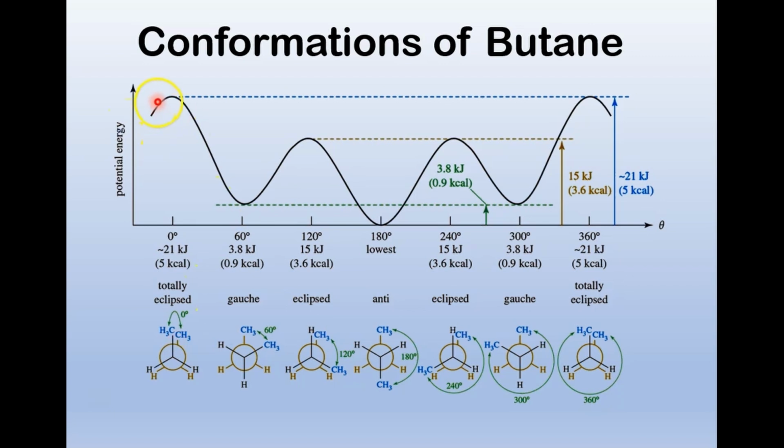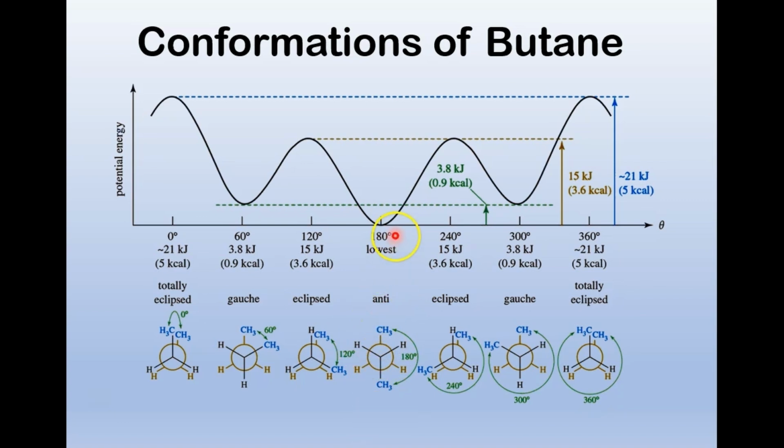All right, so then when we go to this one staggered form that we call gauche, we've relieved that torsional strain. Then we rotate this some more. Now we're in an eclipsed mode. We have a methyl and a hydrogen, and a methyl and a hydrogen eclipsing each other. Rotate this down one more. Now these methyl groups are as far apart from one another as they can be.